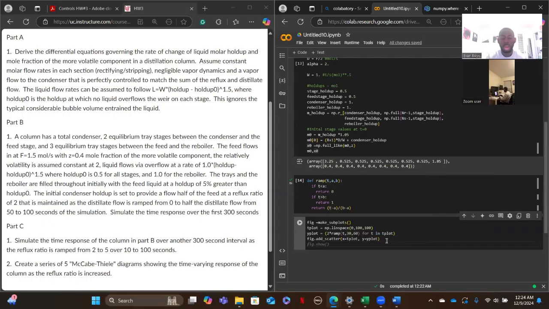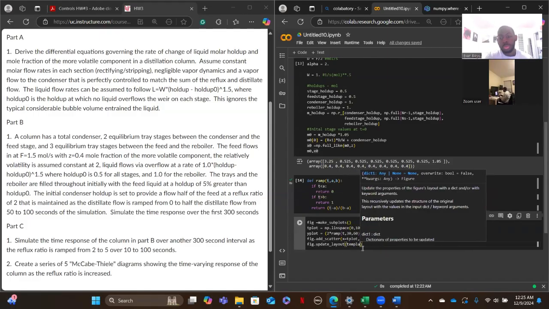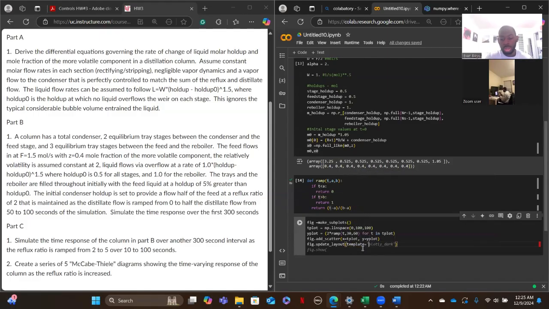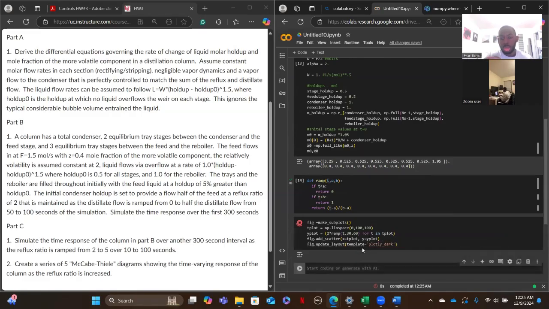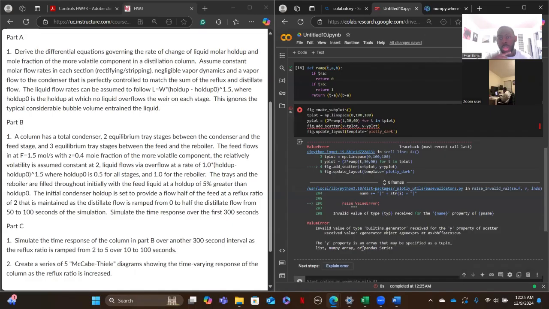And then I'll do a layout because I don't want to get blinded, because my eyes will hurt. Fig update layout. Okay. And then we just do a template. So you go to plotly dark. And this should work. Oh, why is it not working?